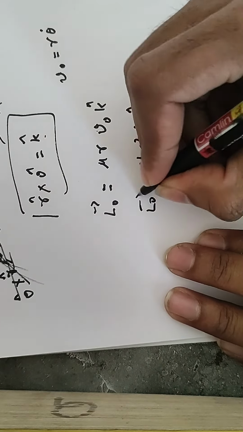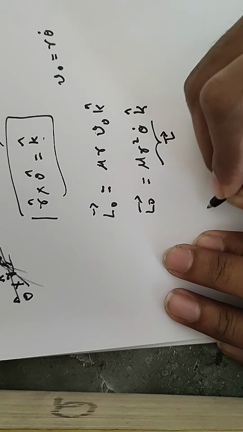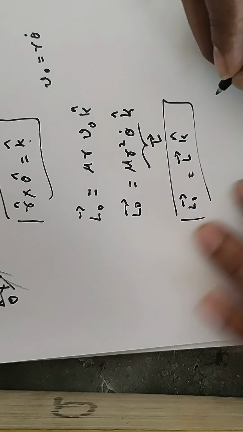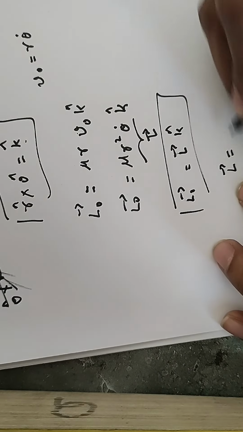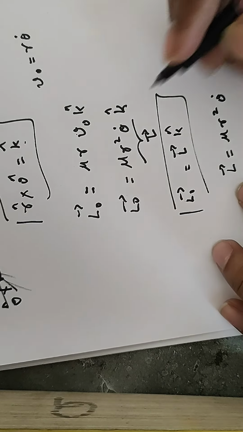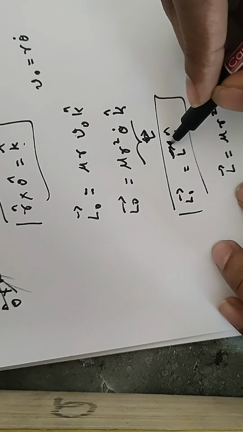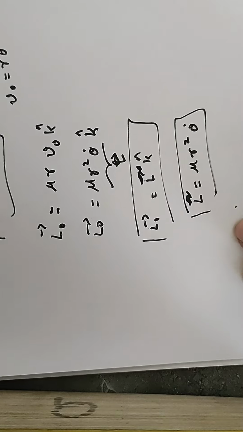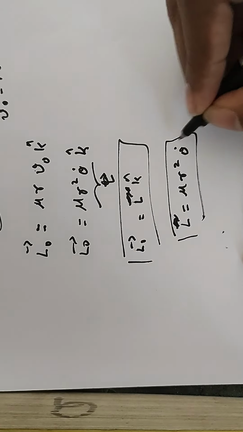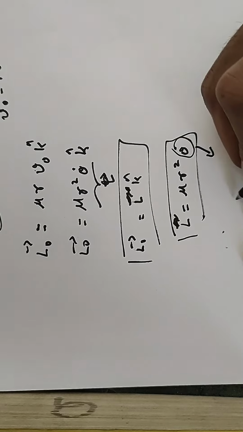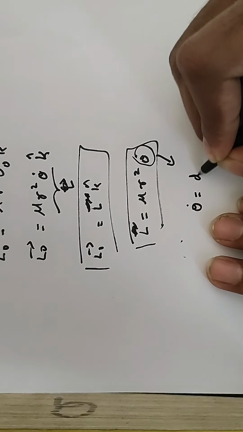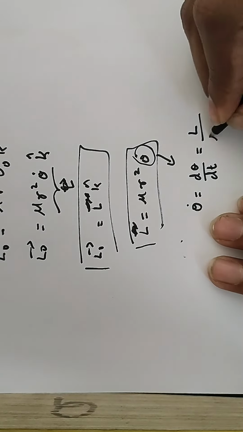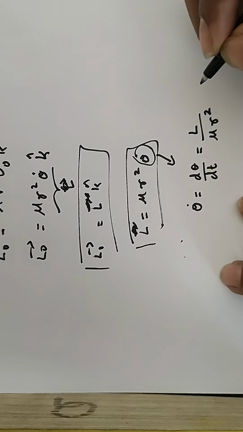I define this as my L vector, L k cap. That's a simple equation. So I define L to be mu r square theta dot. Not a vector, but just L, because the vector part is already in k cap. It's just a component. So I can derive theta dot from this equation. Theta dot is nothing but d theta by dt, which is L over mu r square.